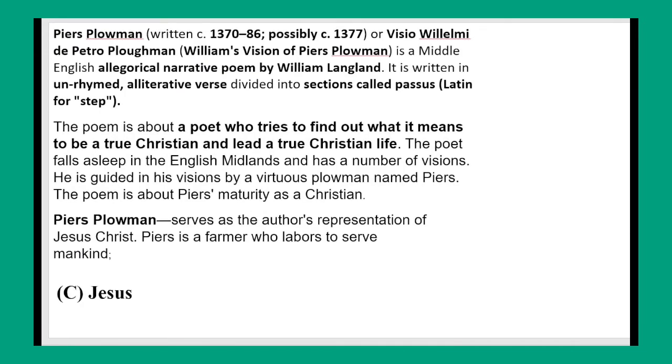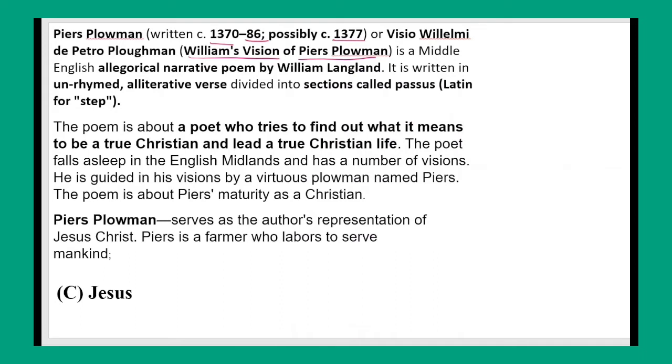So Piers the Plowman was written between 1370 and 1386, but you can say it was written in 1377. You can call it by another name, Visio Willelmi de Petro Plowman, or in English, William's Vision of Piers Plowman.